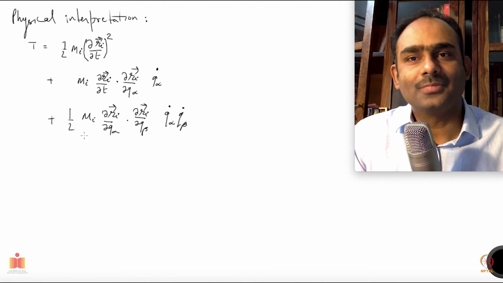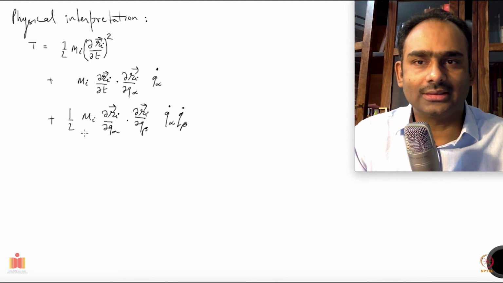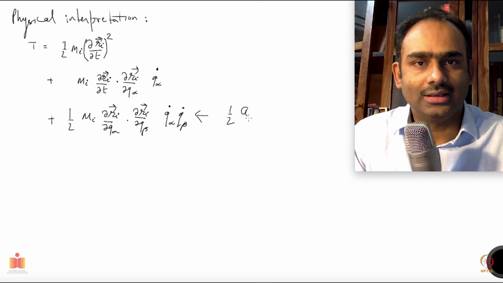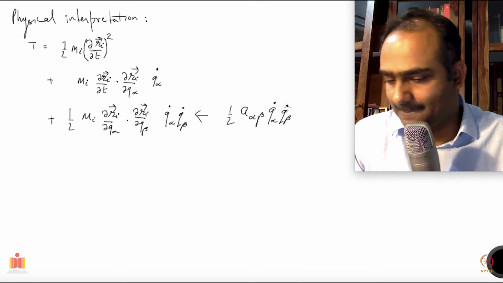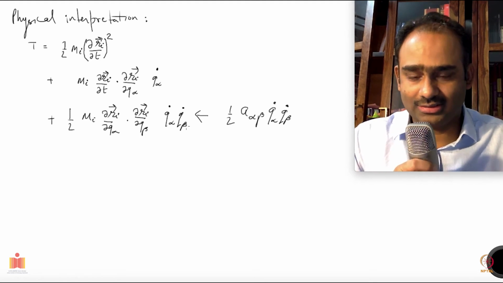Perfect. And sometimes I will write this piece as half A alpha beta times Q alpha dot Q beta dot. I'm writing this only for the quadratic term, the last piece.